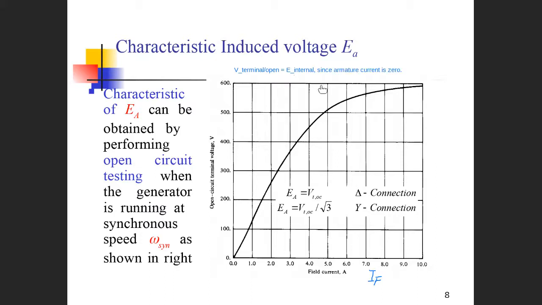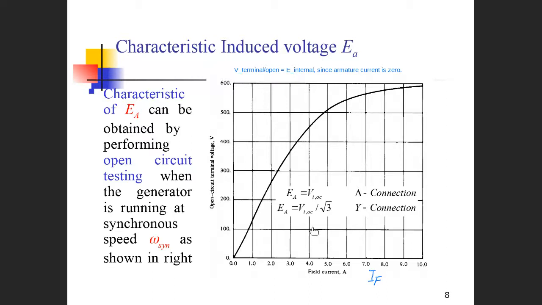So that's the meaning of the open circuit test. We change the field current IF on the rotor side, then we can monitor the terminal output voltage. The terminal output voltage is the internal generated voltage.